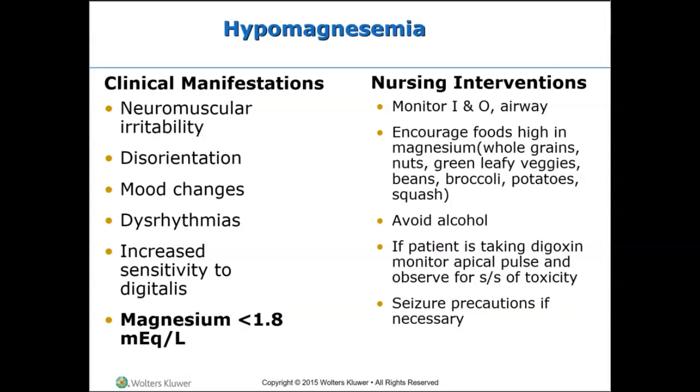Again, we're going to monitor the patient's I's and O's, provide them foods high in magnesium. We are going to avoid alcohol, monitor the patient's pulse rate. Again, if on dig, we're going to enact seizure precautions as necessary. All right.